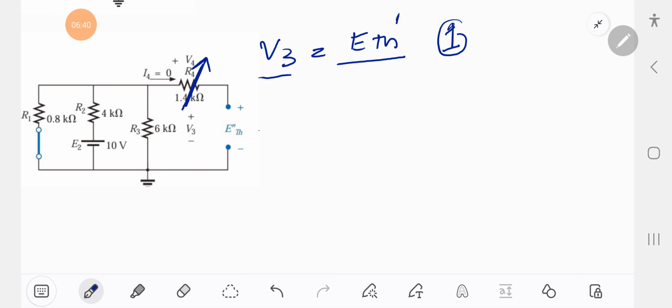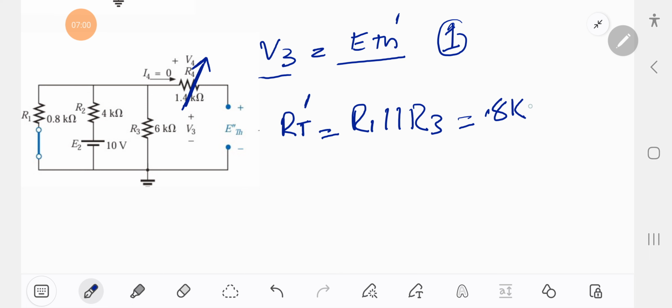So RT dash will be equal to R1 parallel to R3, and this is actually in series with R2. So when we calculate this, it is actually equal to 0.706 kilo ohm.